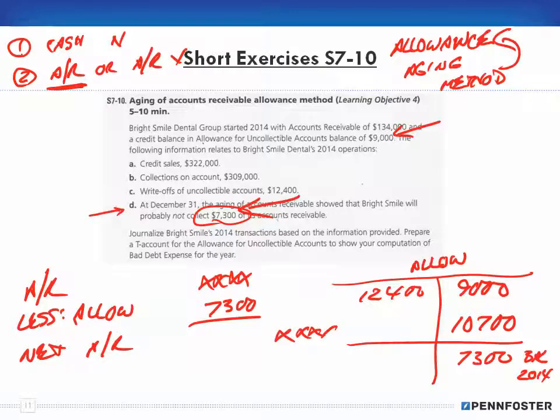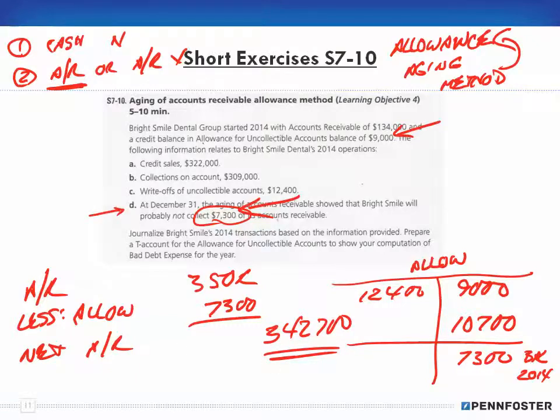So let me just toss in a number here. Let's call this, I don't know, say 350,000, and that means I'd get $342,700 as my net accounts receivable. I hope I did that math right.